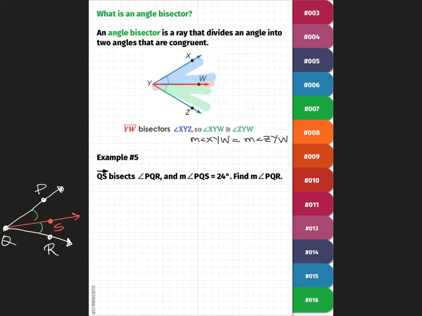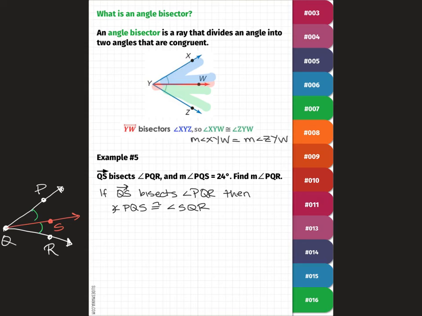So I'm going to say if ray QS bisects angle PQR, then angle PQS is congruent to angle SQR, right?